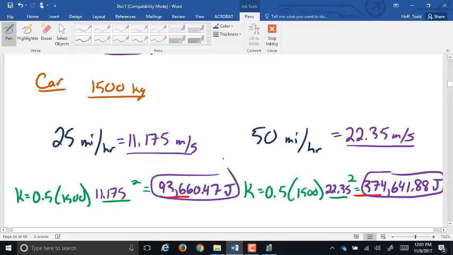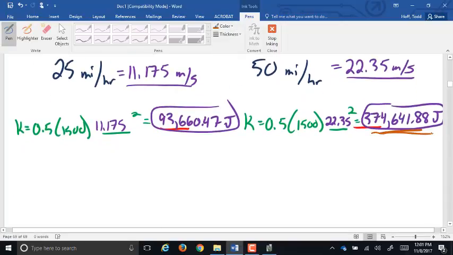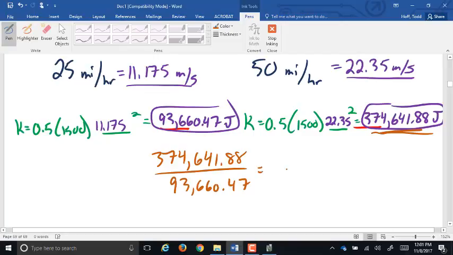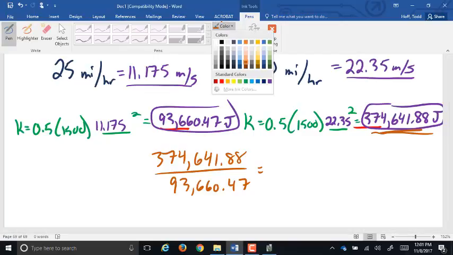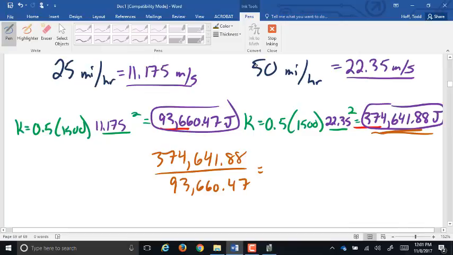How do those compare to each other? Obviously, this one's quite a bit bigger. But if I were to divide them out, what do I get? Yeah, it basically comes out to be 4.